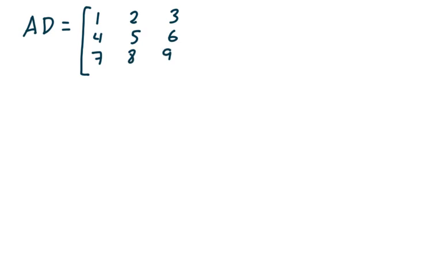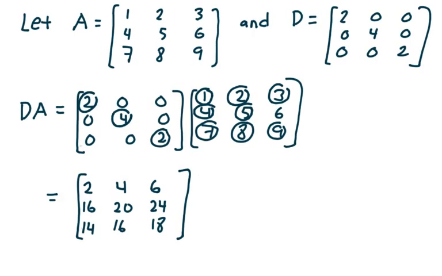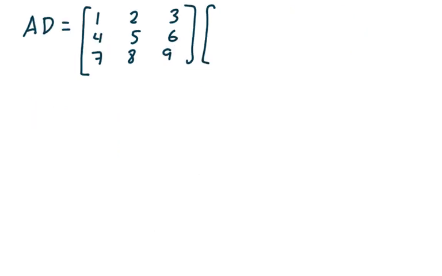Now, suppose I want AD. It's a little bit different, right? So I'm going to take 1, 2, 3, 4, 5, 6, 7, 8, 9, and I'm going to multiply by 2, 0, 0, 0, 4, 0, 0, 0, 2.